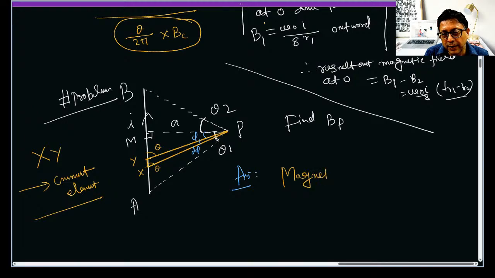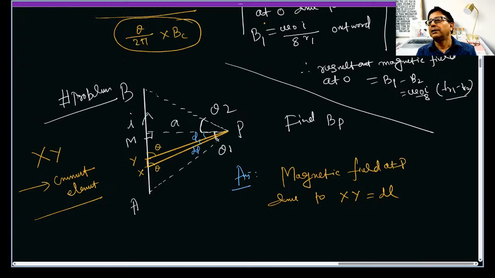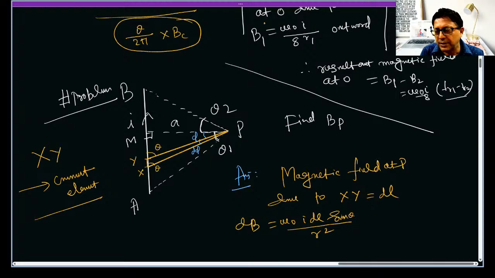Magnetic field at P due to XY, this current element of length dl. What is the law? Biot-Savart law we will be using: dB equal to mu 0 I dl sin theta by r square.